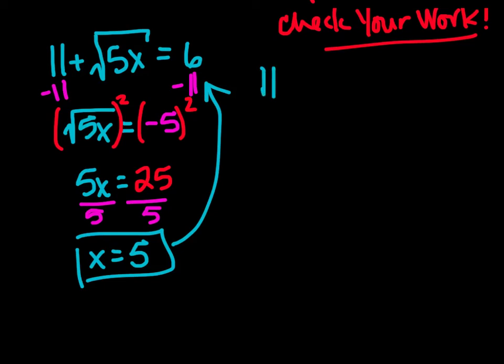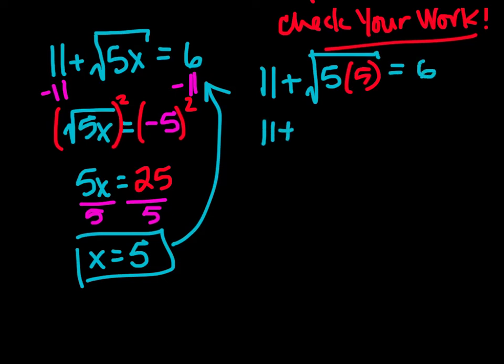So we have 11 plus the square root of 5 times 5, which is equal to 6. 11 plus the square root of 5 times 5, which is 25, is equal to 6. The square root of 25 is 5.